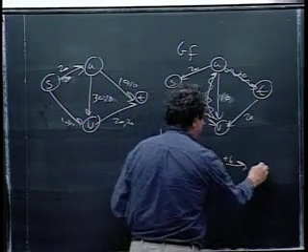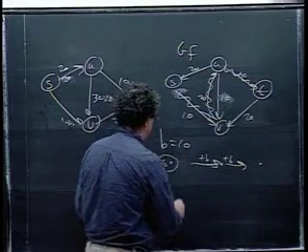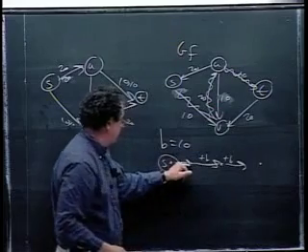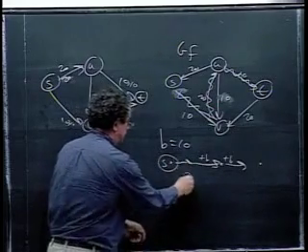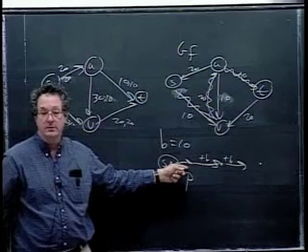And ultimately, let's just look at it from the standpoint of S. There's an edge going out of S that's in P. What kind of an edge is this? Forward or backward?